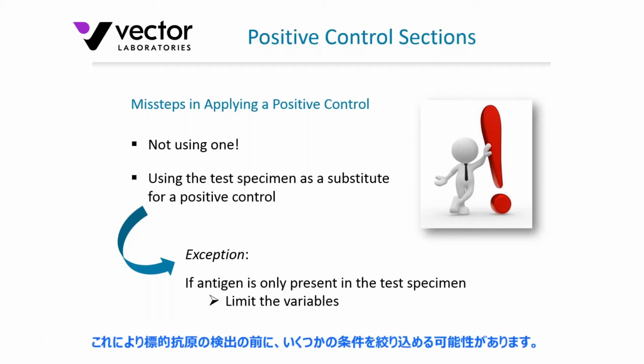So what you want to do is limit those variables and then apply that primary antibody to that test specimen. Hopefully this gives you an insight into how that may work.